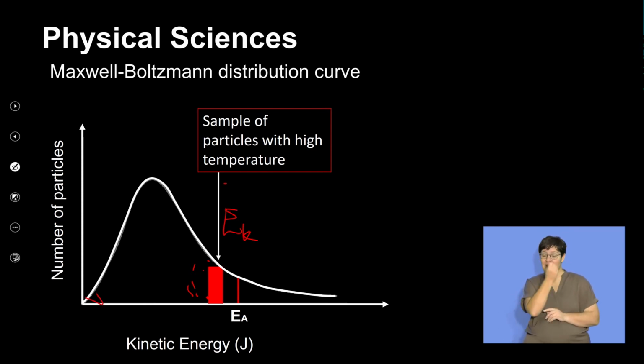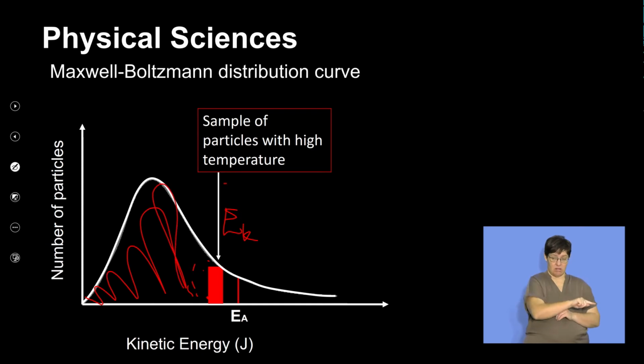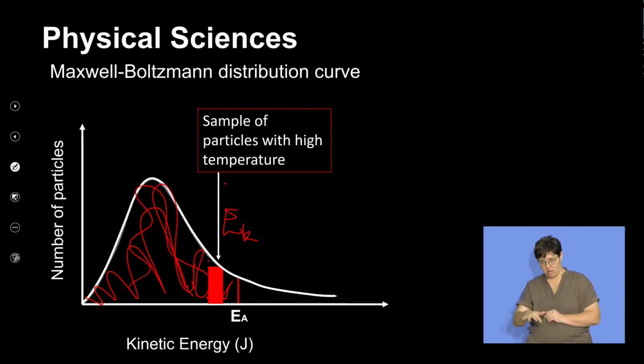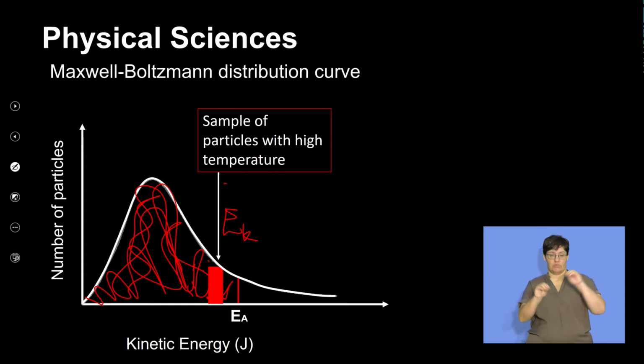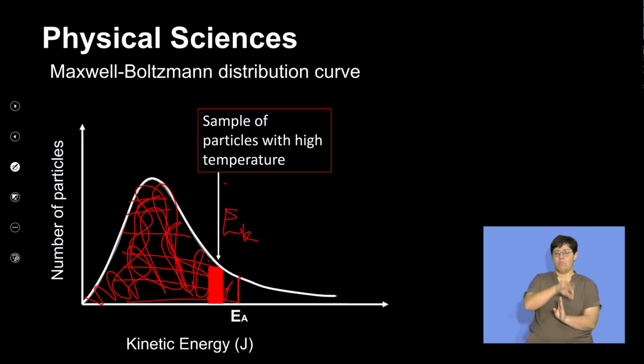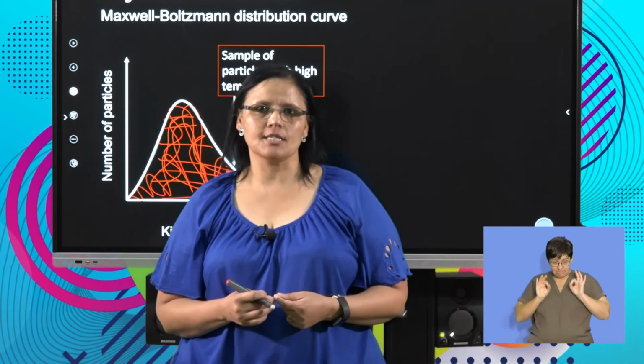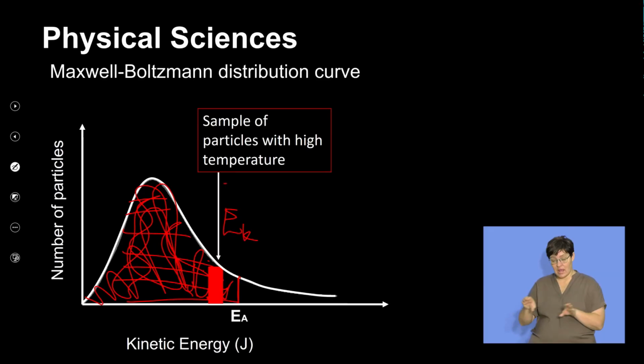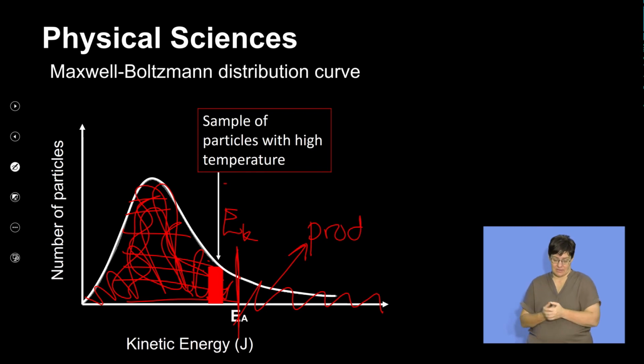But what we need to understand is that this whole curve has particles in motion, and these particles are colliding. All the particles to the left of my red line are just moving and colliding, but they do not form effective collisions. It is only the collisions from this red line onward that are effective, and these effective collisions lead to product formation.